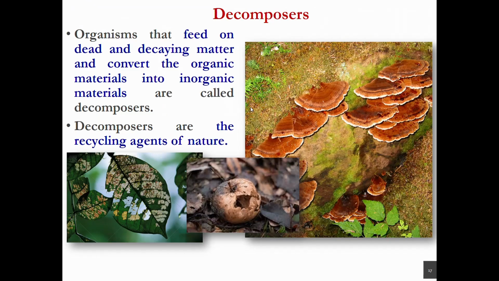And decomposers. Decomposers are organisms which feed on dead and decaying matter and convert the organic matter into inorganic matter. That's why they are called decomposers. These organisms help in the recycling of nature.